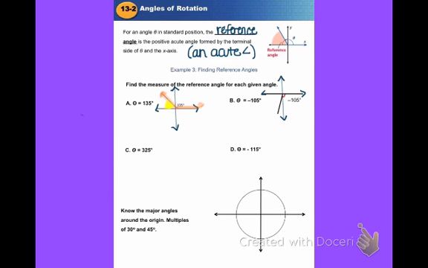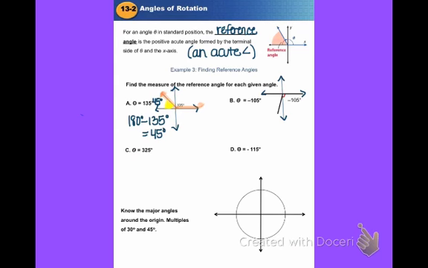Because that angle of rotation and this reference angle make a linear pair, the reference angle is the supplement to the angle of rotation. So it's found by taking 180 degrees and subtracting the angle of rotation, which was 135 degrees. And so the reference angle is 45 degrees because that terminal side is 45 degrees away from the x-axis.